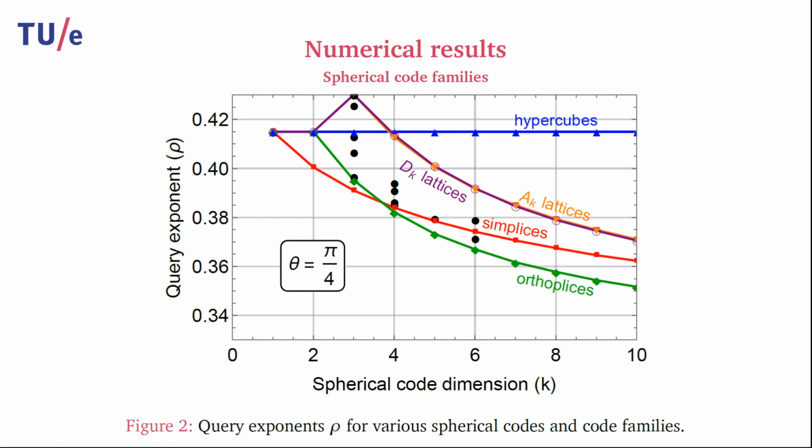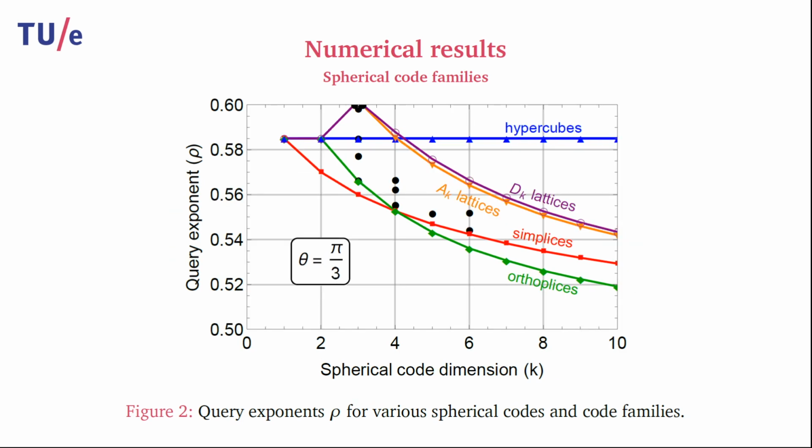Then you see for different families, which are the different lines here, that for most of these families, the query exponents go down, except for the hypercubes, which are not so nice to use. And the cross polytopes, like the green curve here, actually achieve the lowest query exponents for this target angle pi over 4, starting at dimension 4 already.